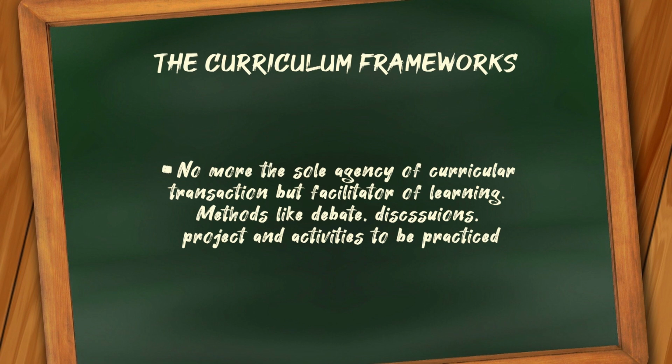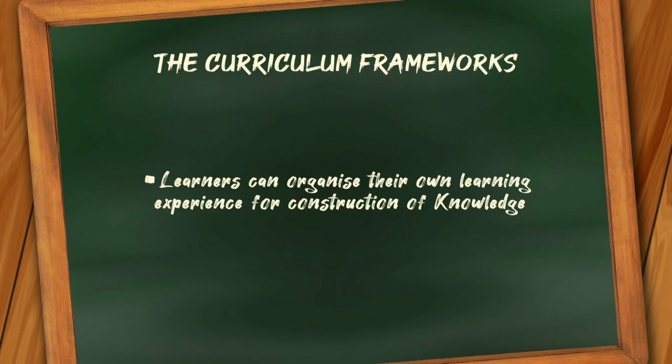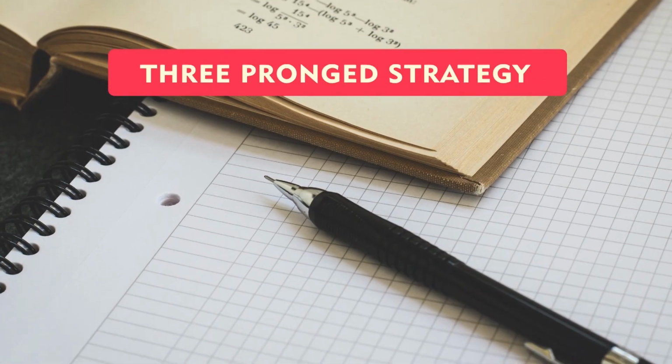So for that, one has to use methods like debate, discussion, project, and give them experiential learning so that they are able to construct knowledge based on the learning experiences being provided to them. A three-pronged strategy thus should be used.